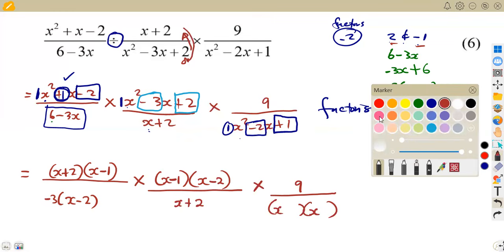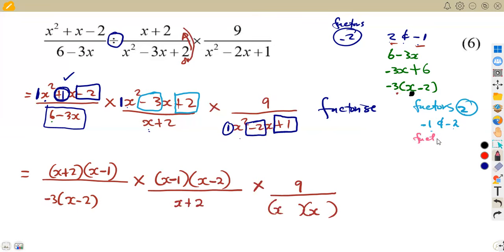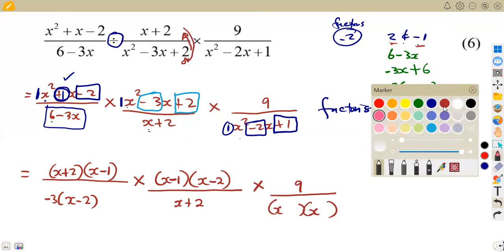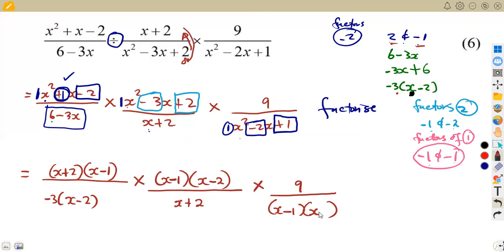So which factors are we considering there? Negative 1 and negative 1. If we multiply negative 1 times negative 1, it's a positive. If we add, we get a negative 2. So we are going to have x negative 1 here, x negative 1 here.